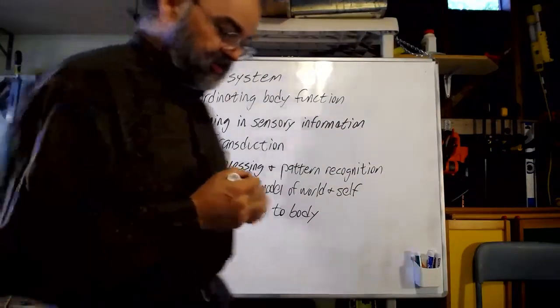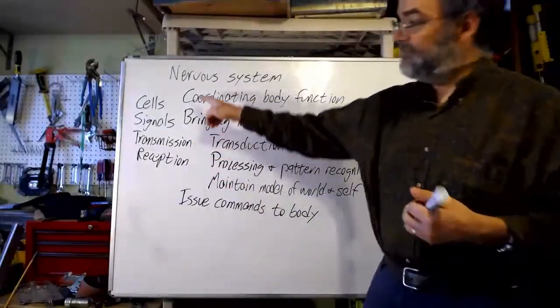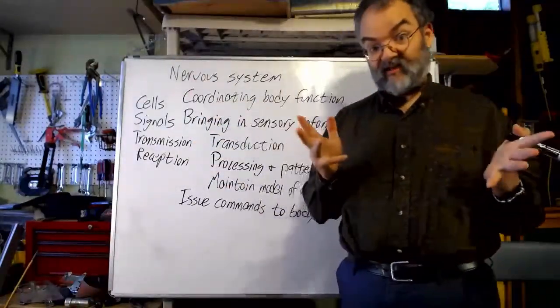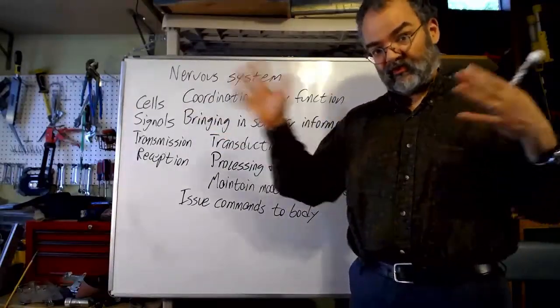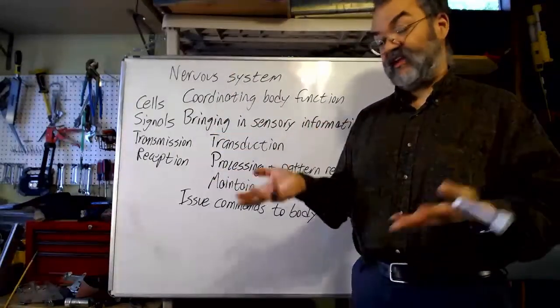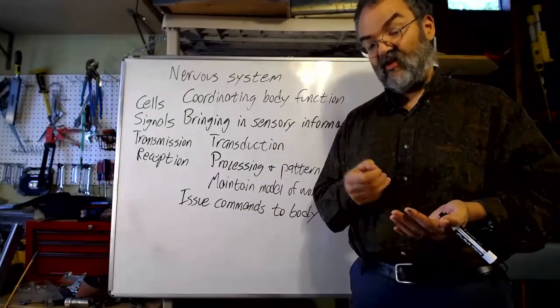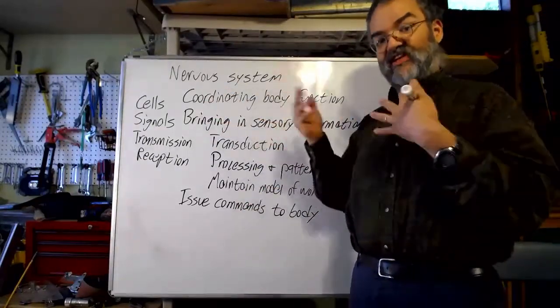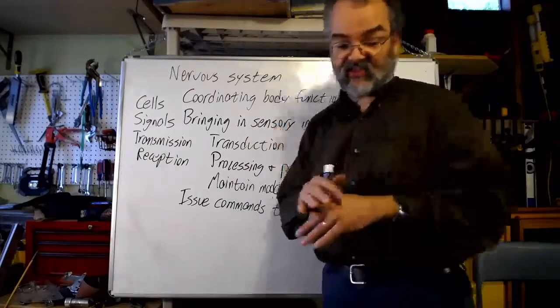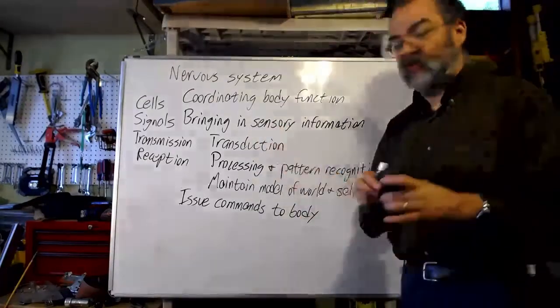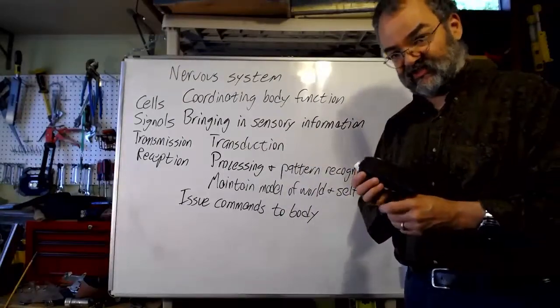So, to understand how the nervous system is going to work, we need to understand what it's made of, the cells that make it up, how they signal each other, what those signaling mechanisms are, how the signals are transmitted, and how they are received. Once we get that, we can start to understand a little more about how this system works at a mechanical level. So let's start by putting together an overall picture of the nervous system.